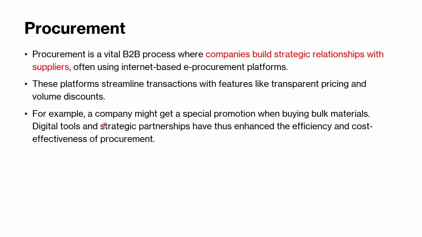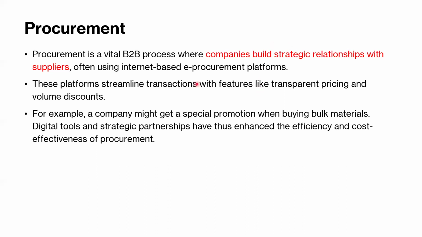It is about buying, right? So procurement is an important activity between two businesses, B2B. One company sells raw materials to another company, where companies build a strategic relationship. This is a relationship, a partnership between two companies to trade or do business, which is very important, right?